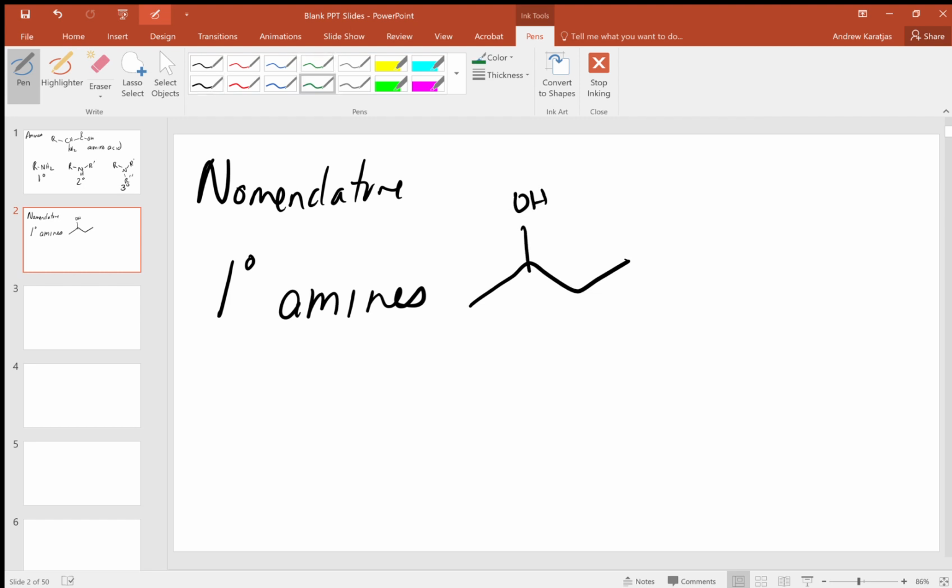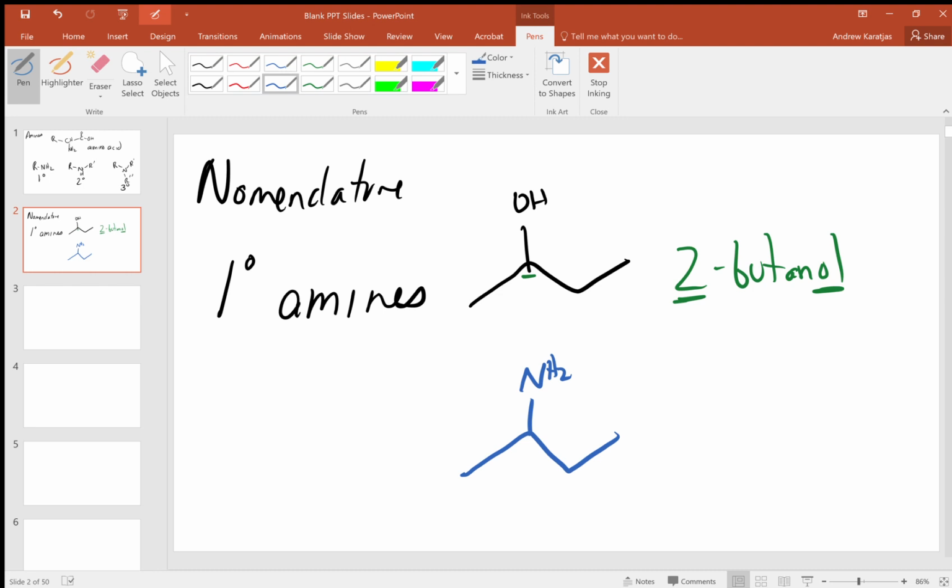So hopefully you recall that we would have named a molecule like this as 2-butanol. The 2 indicating which carbon the alcohol was on, and the ol indicating an alcohol. So if we had an amine that looked exactly like this, that was primary, we would go about the naming in the exact same way that we did an alcohol.